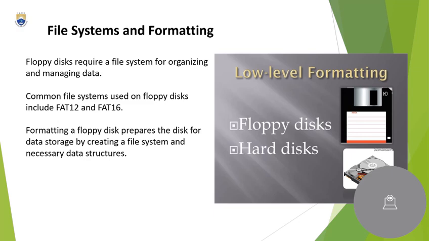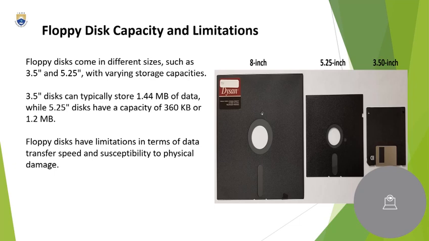If we go to our next slide, we have information about floppy disk capacity and its limitations. Floppy disks come in different sizes, such as 3.5 and 5.25 inches, with varying storage capacities. 3.5 inch disks can typically store 1.44 MB of data, while 5.25 inch disks have a capacity of 360 KB or 1.2 MB.